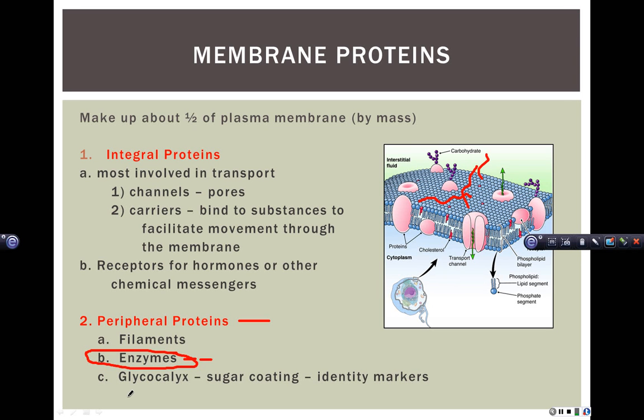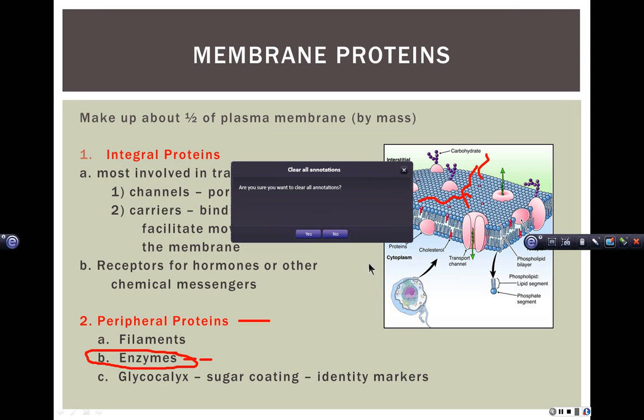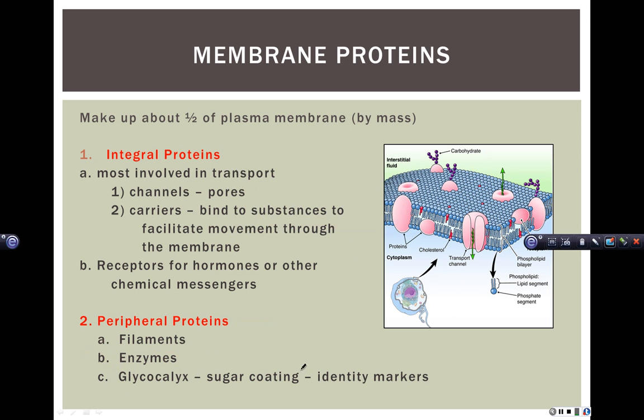I think this last one is pretty cool. Your cells are actually sugar coated, so you have sweet little cells. What it actually is, is a combination basically of a protein and a carbohydrate. The glycocalyx is this little purple antenna on the little pink mountains.